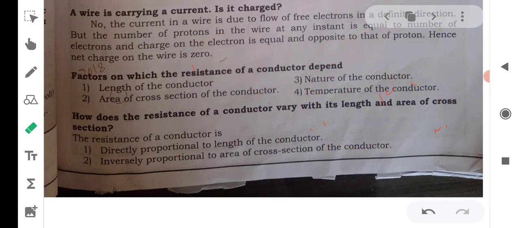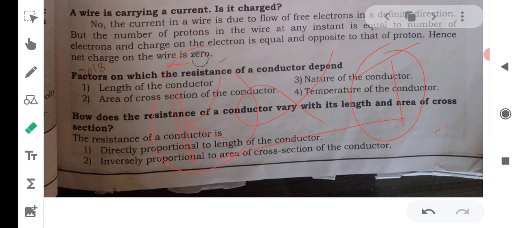And the fourth factor is it depends upon the temperature of the conductor. In case of conductors, resistance is directly proportional to temperature. Temperature increases means automatically resistance also increases in case of conductors or metals.